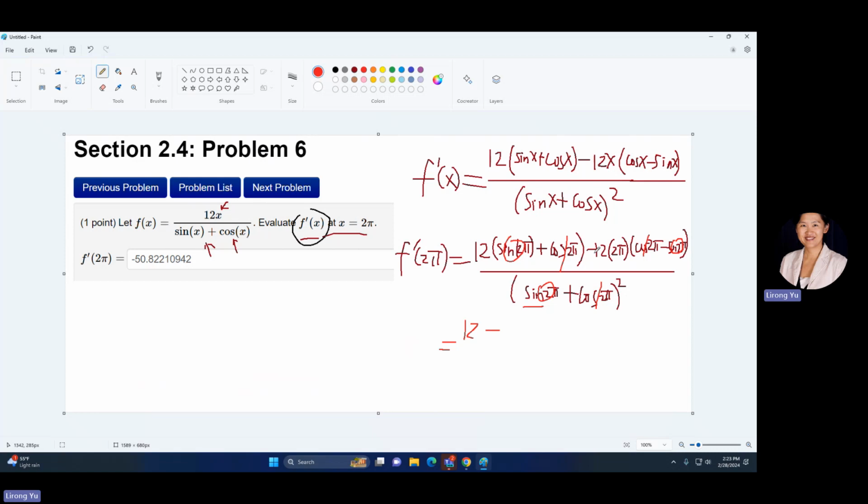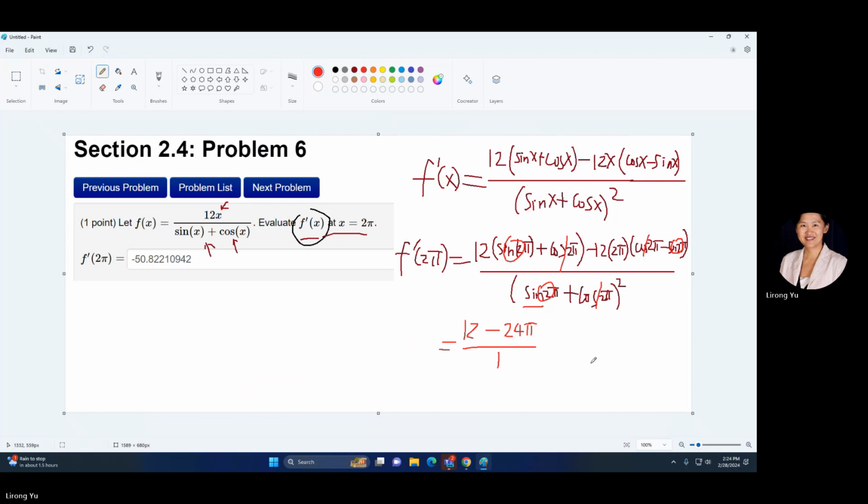This is 12. 12 times 2 pi is 24 pi. And then there's 1 minus 0, which is also 1. And the denominator is 1 squared, that's also 1. So that way it's shorter. You just calculate 12 minus 24 pi as it is.